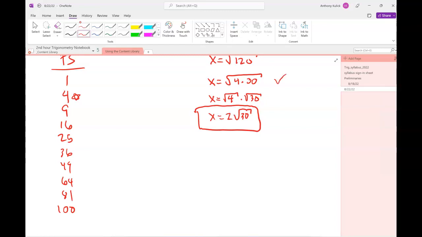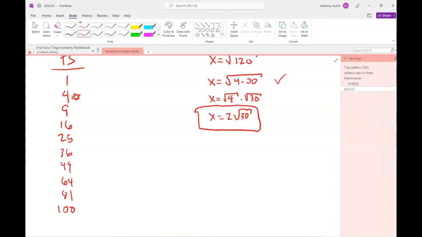So we rewrite 120 as the square root of 4 times 30. And then we know that we can break a square root at multiplication or division. That's the only place you can break it, not at addition and subtraction though. Be careful about that.